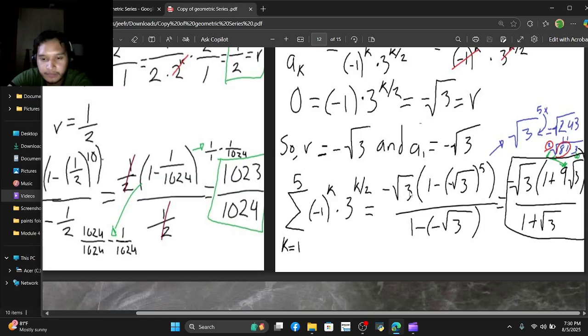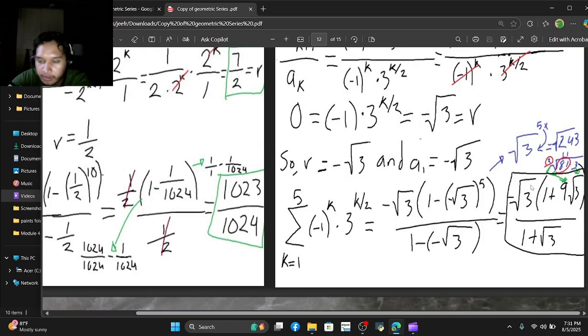The first term is negative 3, over 1 minus the ratio to the power of 5, which is the limit, and 1 minus the square root of 3. And right here we can write it as 1 plus the square root of 3.